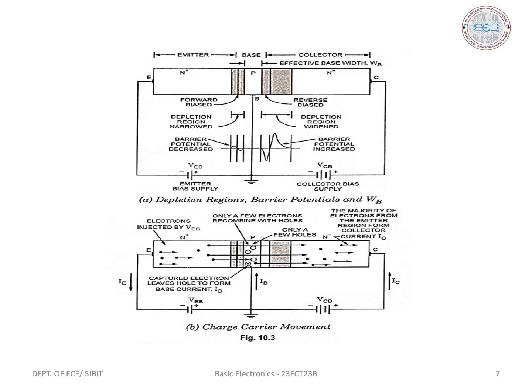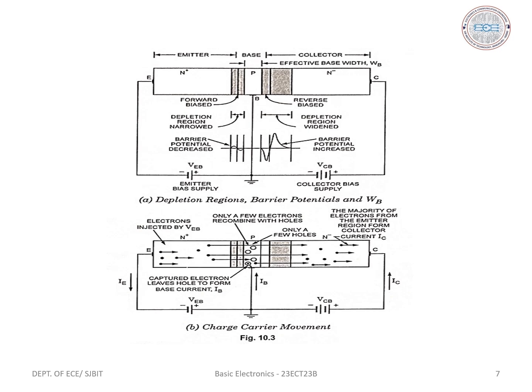The electrons in the N-type emitter will start flowing towards the P-type base. This constitutes the emitter current IE. These electrons cross the base emitter junction and enter into the thin and lightly doped base region, where they tend to recombine with the holes.